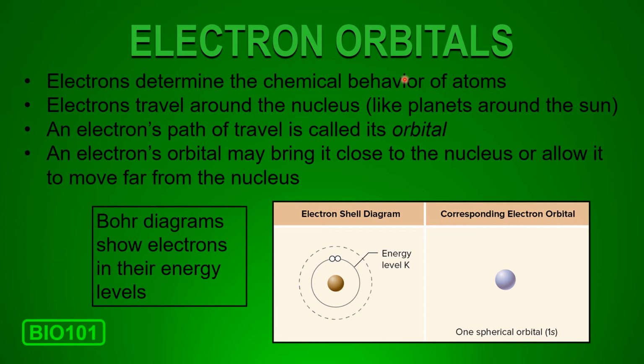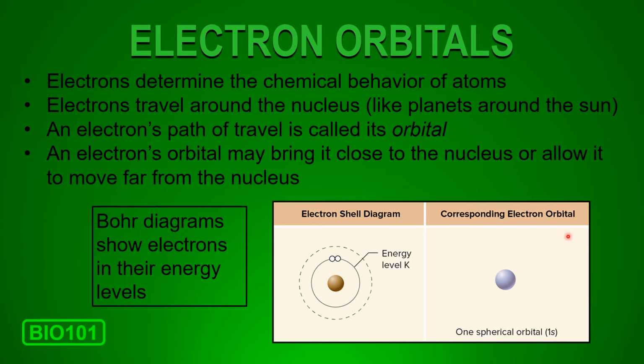If you have loose electrons or an unequal number of electrons orbiting the nucleus, those are the ones that are more reactive. So remember that electrons travel around the nucleus like little tiny planets around the sun. An electron's path of travel is called its orbital.